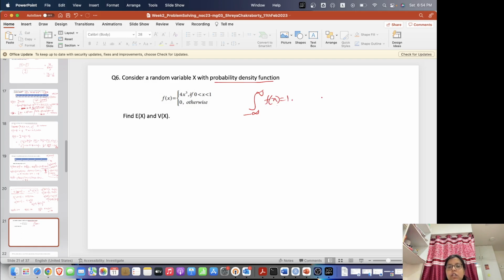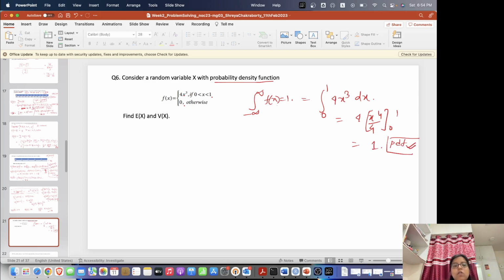Now this function takes values of 4x cube only between 0 to 1, otherwise it's 0. So if we split the intervals, this is the same as integral 0 to 1 of 4x cube dx, which is 4x to the power 4 by 4, from 0 to 1, which is 1. So this is a PDF. This check is done.